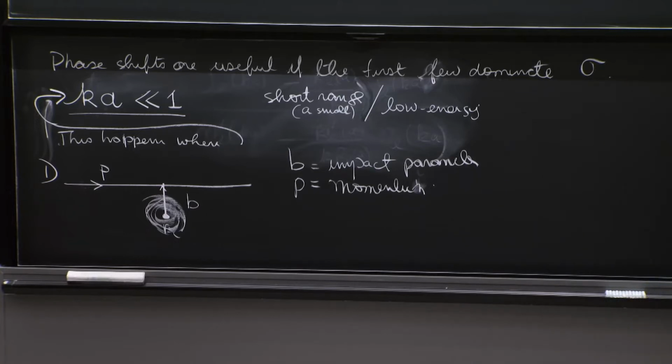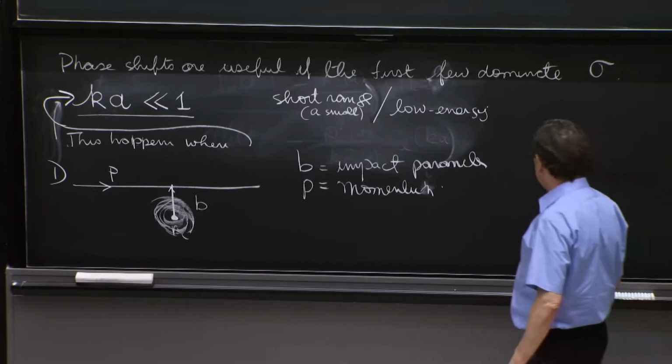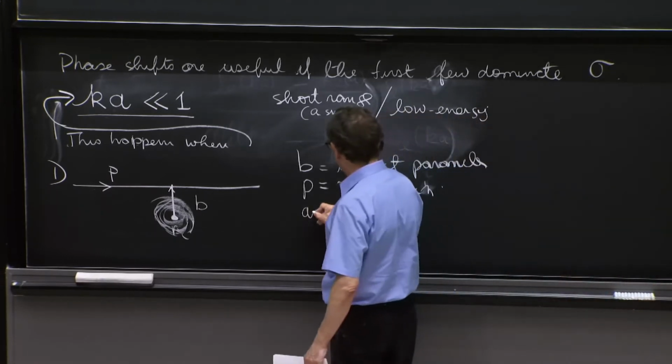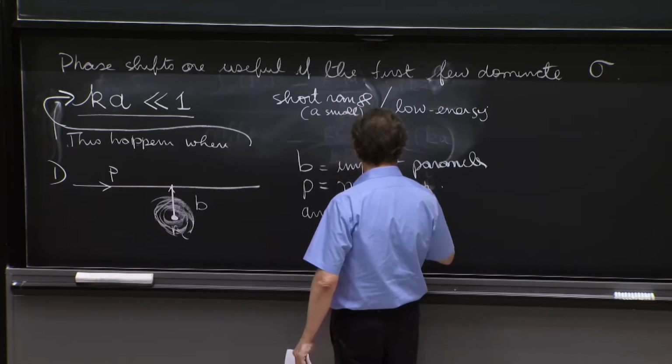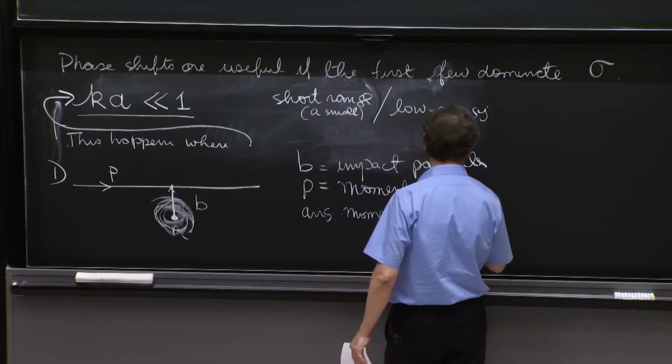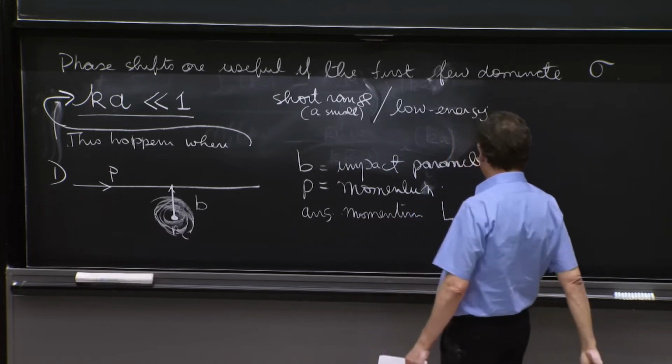And then the angular momentum of this particle with respect to the origin is r cross p. And so the angular momentum L is equal to b p.